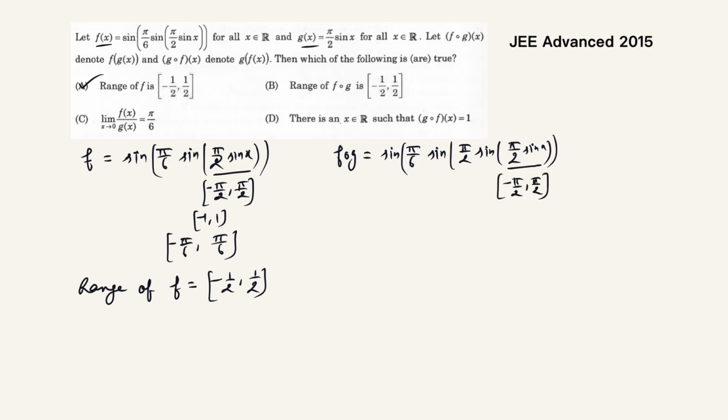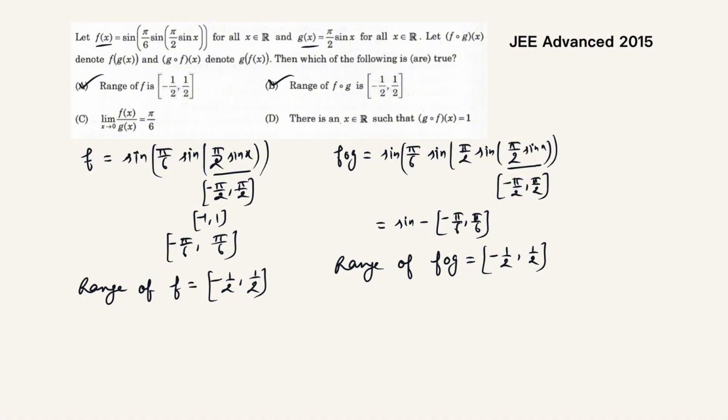And using the same logic as with the f, we can see that the outer sine will have the domain of minus pi by 6 to pi by 6, and therefore range of f of g is minus half to half, and option B is also correct.